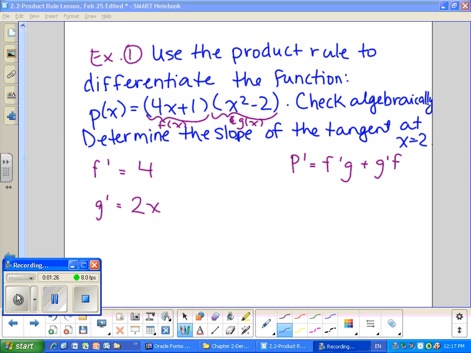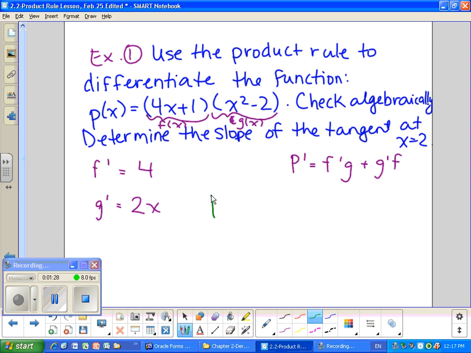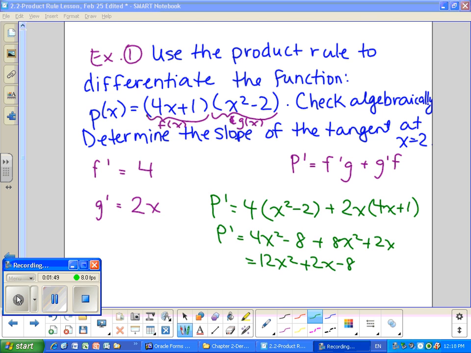Questions about those? So now, let's just substitute into our p prime. So we get our f prime, which is right here, 4, times g, which is x squared minus 2, plus, what's our g prime? It's 2x, good, times our f, which is 4x plus 1. And that would be your derivative.